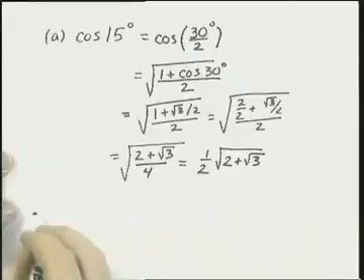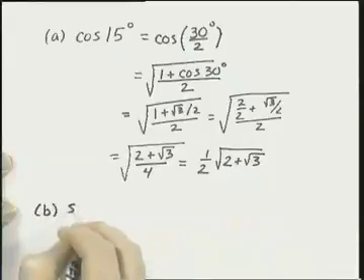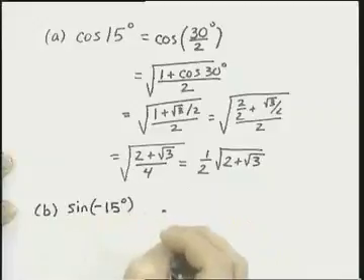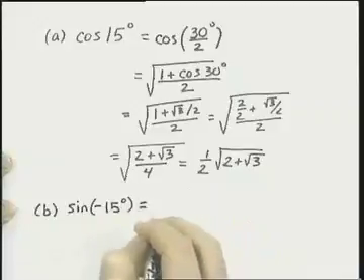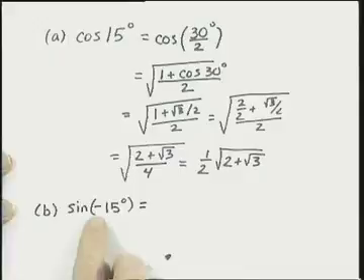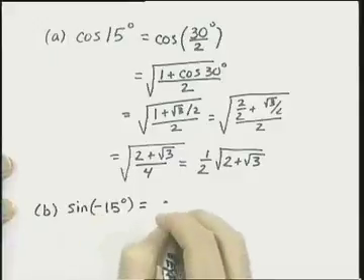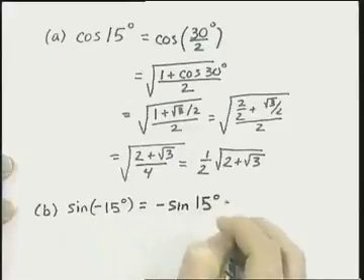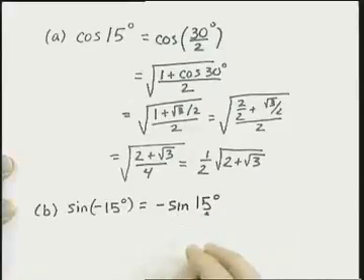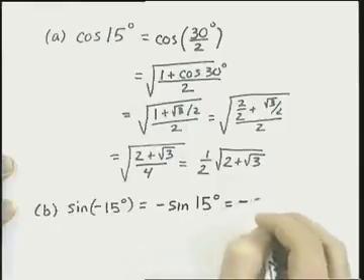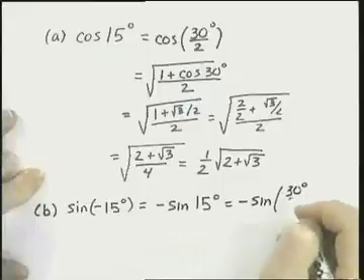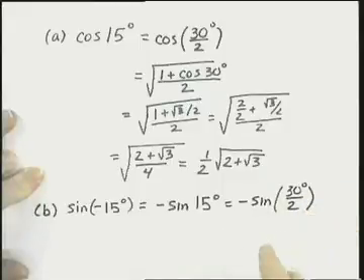Next, we're going to compute the sine of negative 15 degrees. Now we're going to do two things. We're not happy with the fact that we have a negative here, so what I'm going to do is use the even-odd identity and write that as negative sine of 15 degrees, which then can be written as negative sine of 30 degrees over 2.